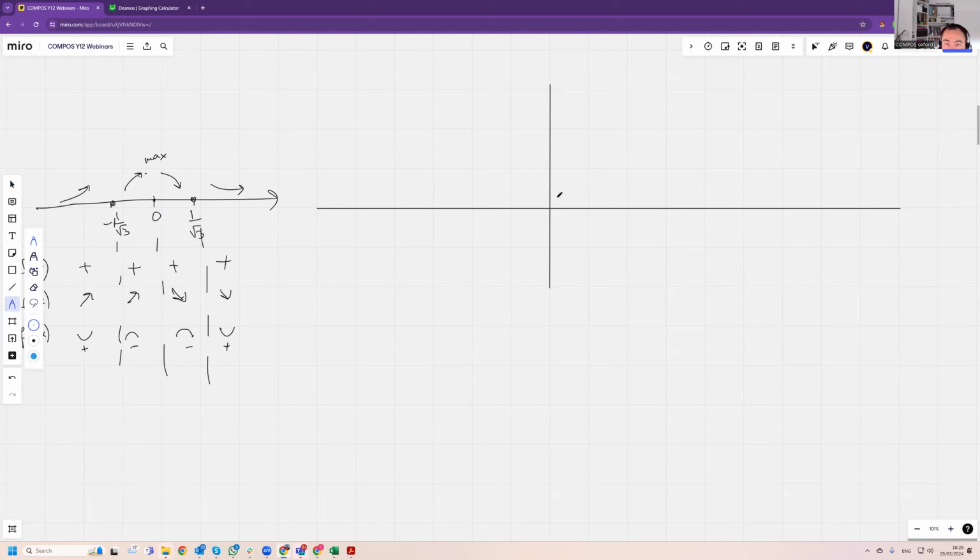So you have 0, 2. That's the maximum point. Minus 1 over root 3, that's what? 1 over root 3, just over a half, 0.6-ish. Okay, so here and here.